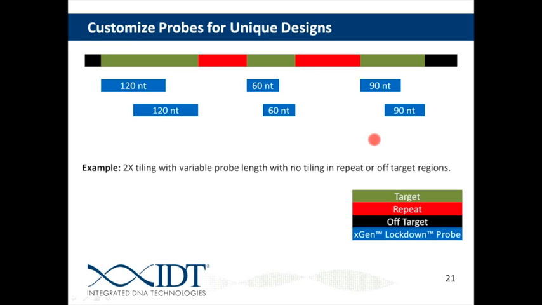So you can design lockdown probes to tile against your target regions, which are shown in green over here, using variable length probes, 120 nucleotides at 2x coverage, while completely avoiding your repeat regions. Avoiding repeats is important because repeat regions can result in low specificity of capture. Because 50% of the genome is repetitive, tiling against a repeat can potentially capture sequences that are non-specific to your regions of interest.